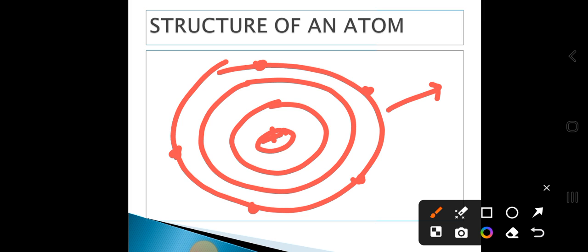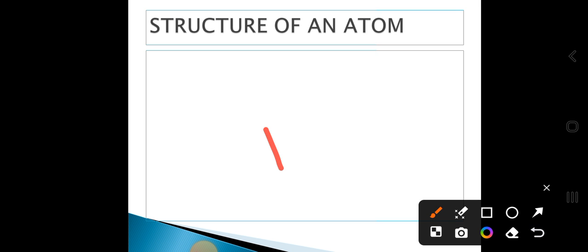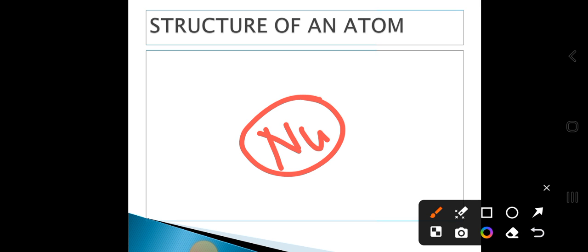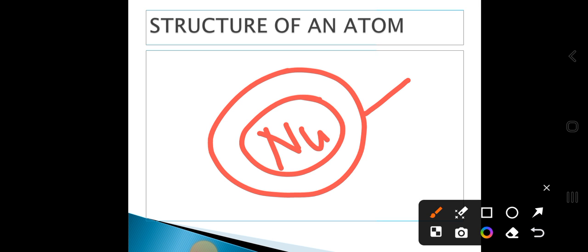In this outermost orbit, how many electrons should be there? 8. Suppose for some element the second orbit is the outermost orbit. How many electrons should be there? 8. Now why is it that the orbit is changing?